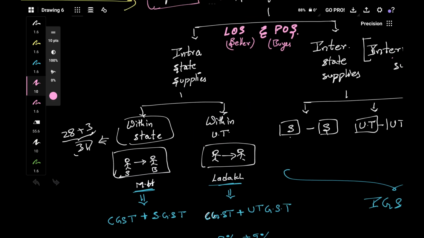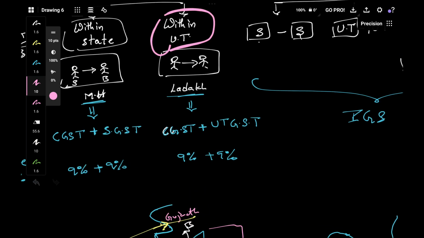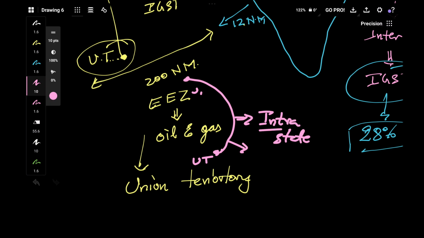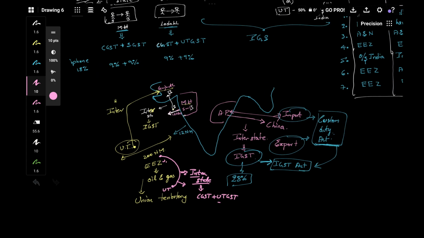So if it is within a union territory, what are the taxes that will apply? CGST and UTGST. So if there are two points in this exclusive economic zone and a supply is happening between them, then it is an intrastate supply, and on that CGST plus UTGST will apply. So yeah, this is how interstate and intrastate supply works.